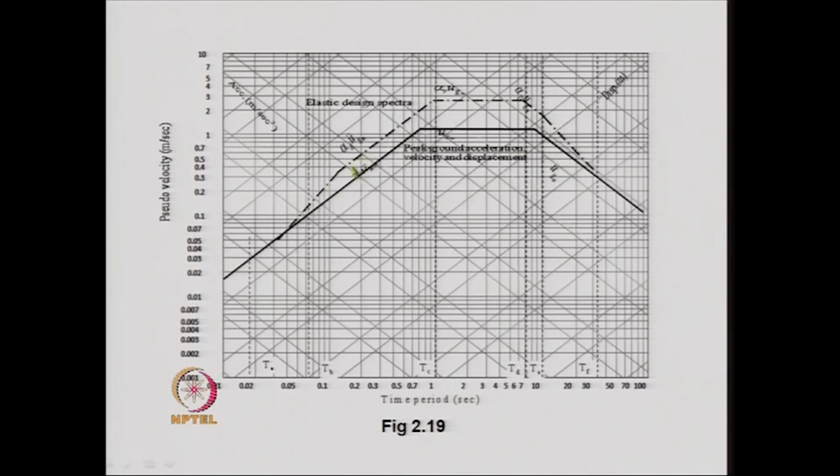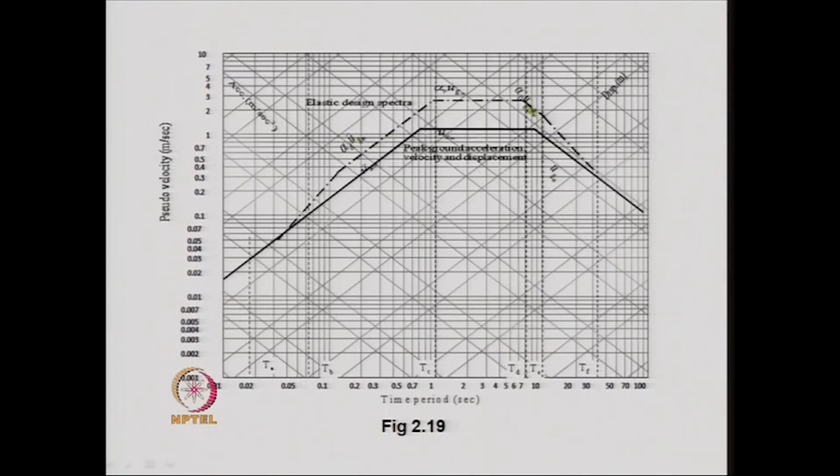Then, as we have described before, the segment between B and C is parallel to this line, and that is equal to alpha A times the ground acceleration. So we draw a line parallel to this line, with this value equal to alpha A multiplied by the maximum ground acceleration.